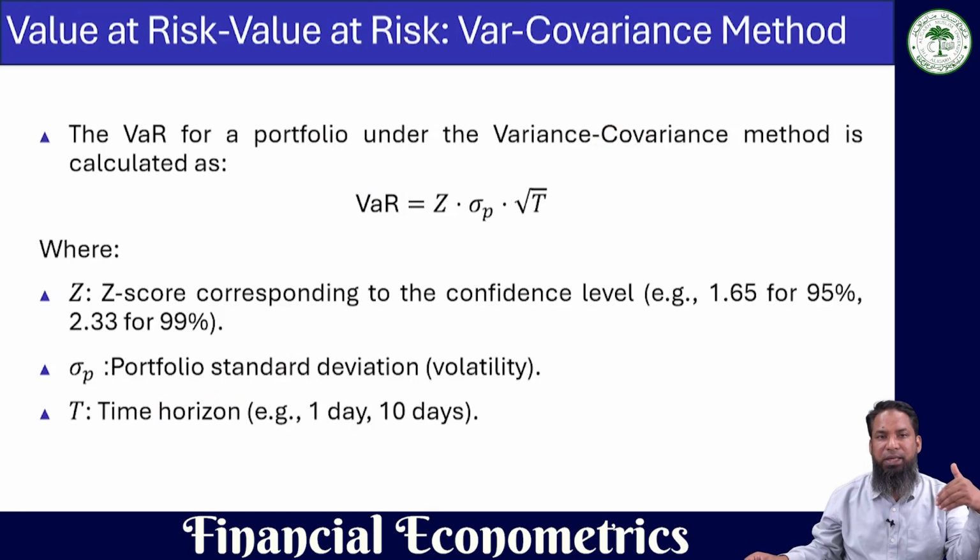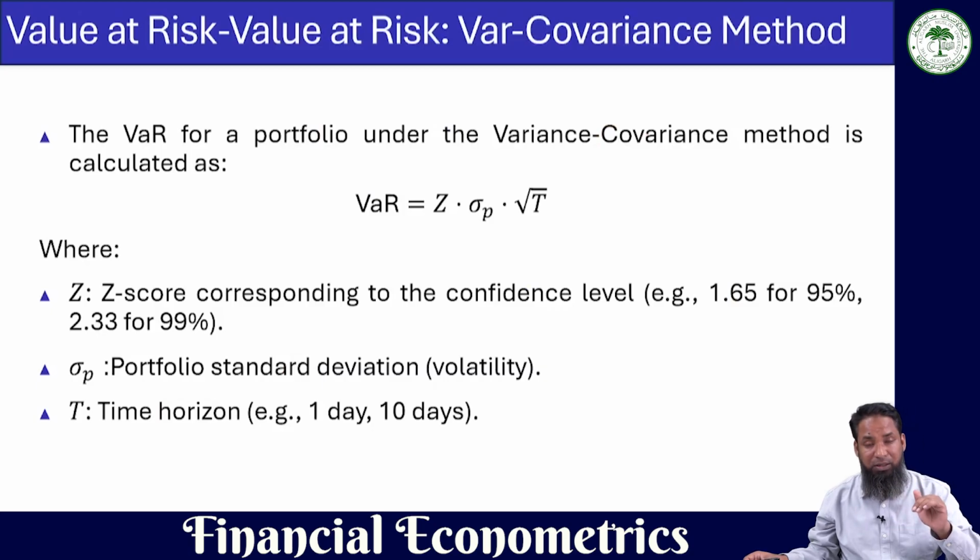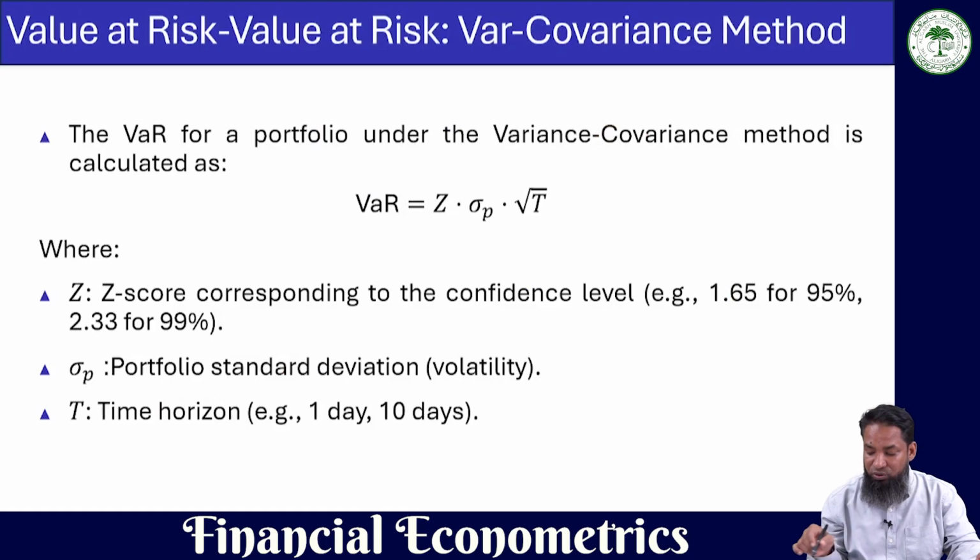To better understand that, we can generalize it here. The value at risk of the portfolio under the variance covariance method is calculated like this, where Z is the Z score corresponding to the confidence level, for example 1.65 for 95% and 2.33 for 99%.